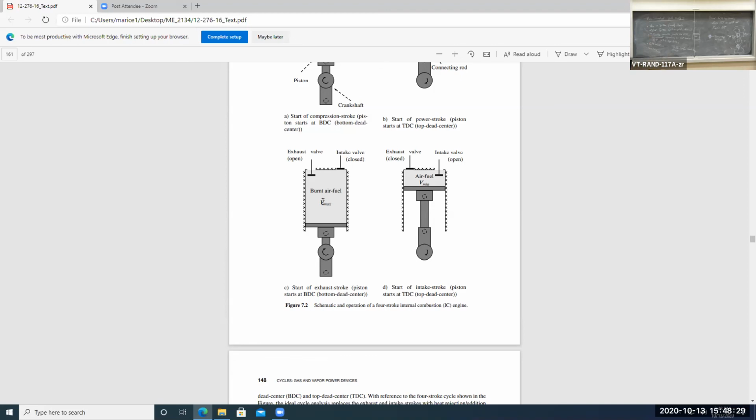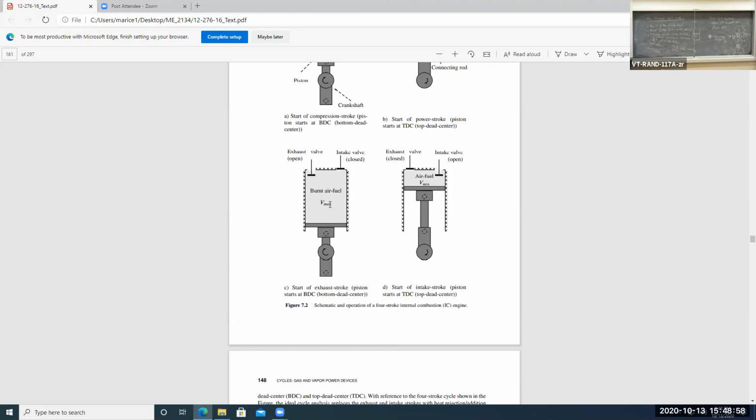When we get down to the bottom of the stroke, a little valve called the exhaust valve opens up, and the hot, burnt air-fuel mixture, the products of combustion, starts to rush out the exhaust port through the exhaust system out of the tailpipe. Now the piston moves upward to top dead center one more time, pushing out all the products of combustion.